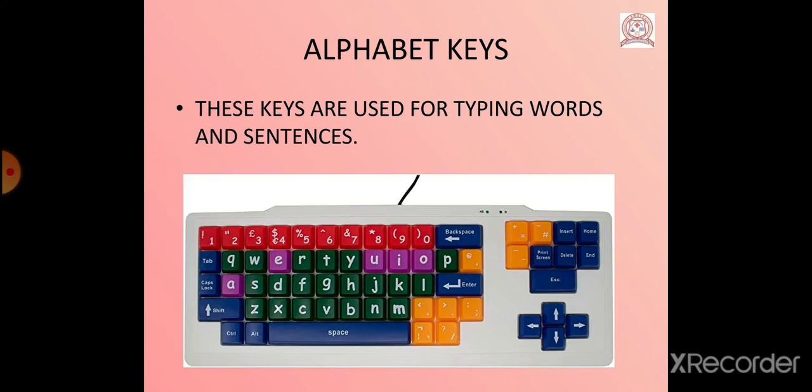On the first keyboard, you have to color all the alphabet keys, only from A to Z. And on the second keyboard, you have to color the alphabets of your name. Like, if your name is Lalit, you have to color only the letters which come in your spelling. Okay?